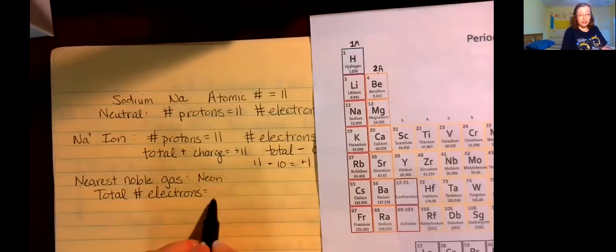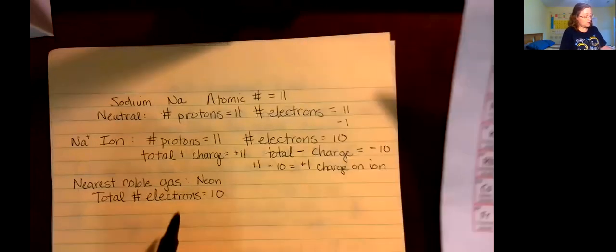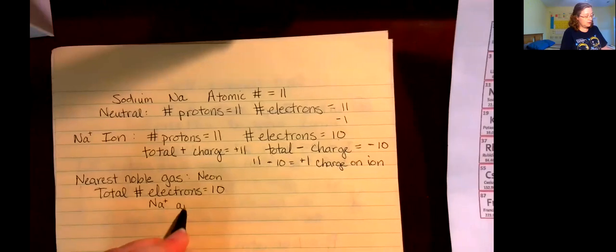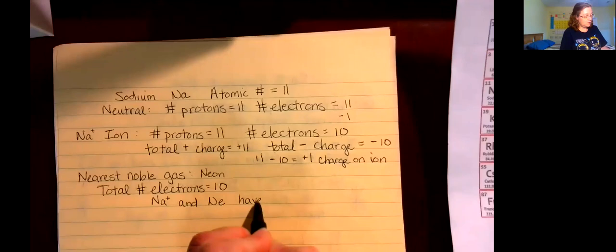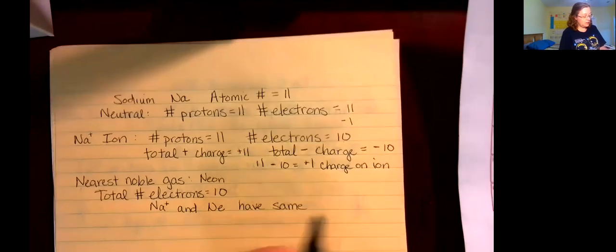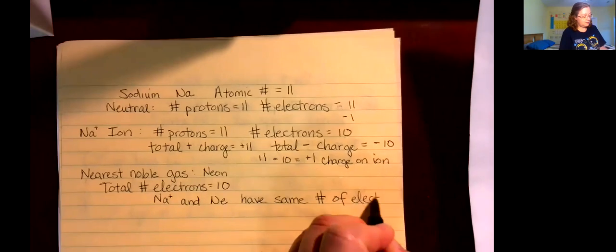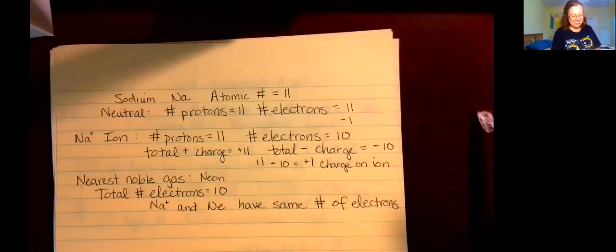The total number of electrons neon has is also 10. So sodium +1 and neon have the same number of electrons. Yay! Let's head off to the party together.